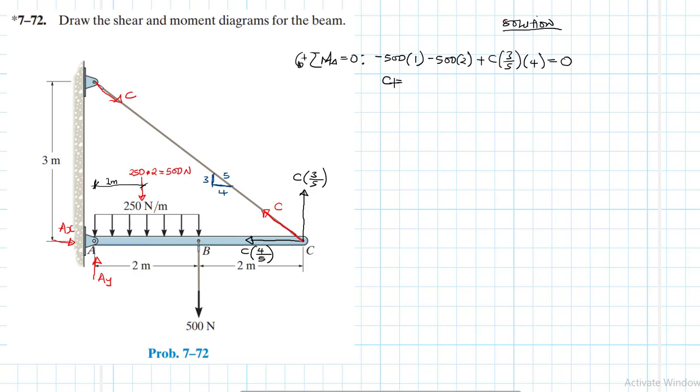Therefore, our C will give us minus 500 by 1, of course, minus 500 by 2, and then divided by 12 divided by 5, right? So what do we have?